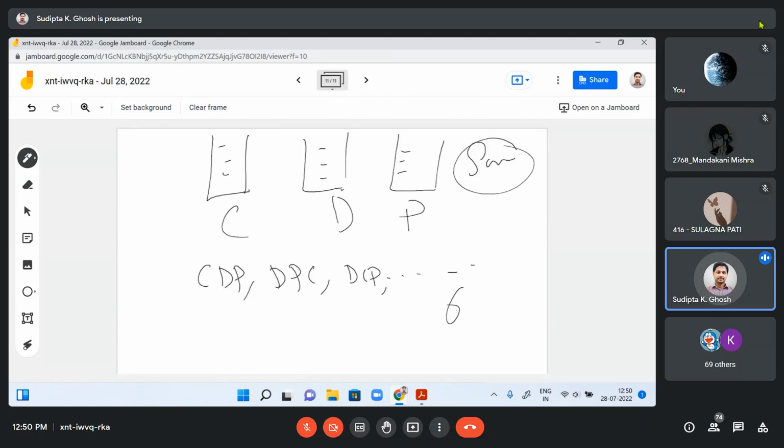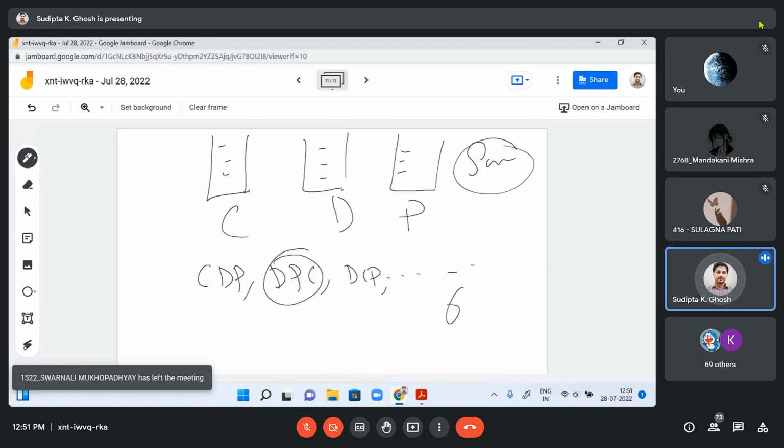Now they are asking what is the probability, or what is the chance. That means what is the probability that the person first takes D, then takes P, then takes C. Since the same drink, the same soda, is provided in each glass, I can say each of these can happen equally.